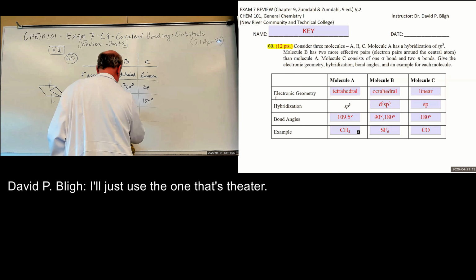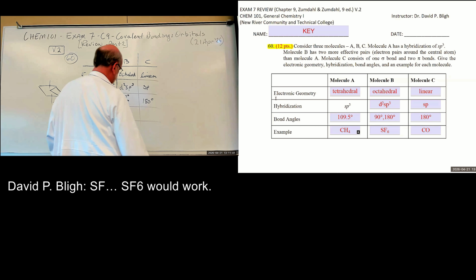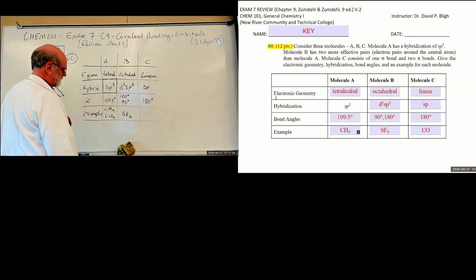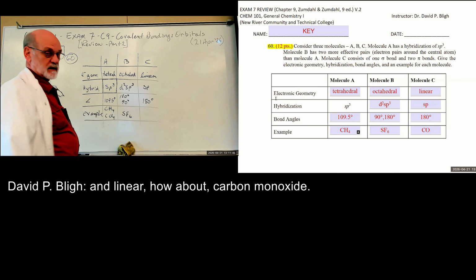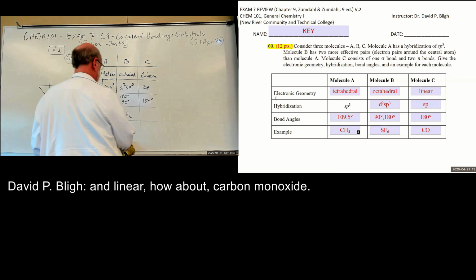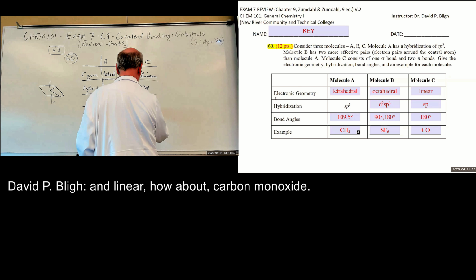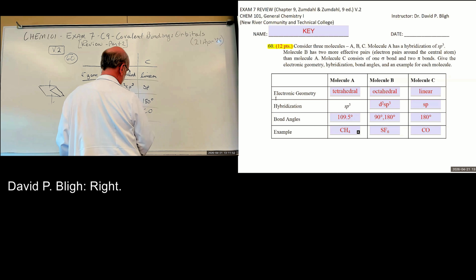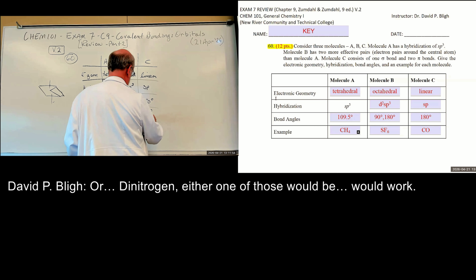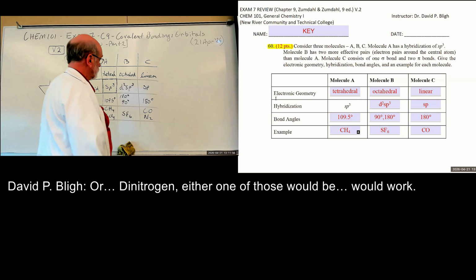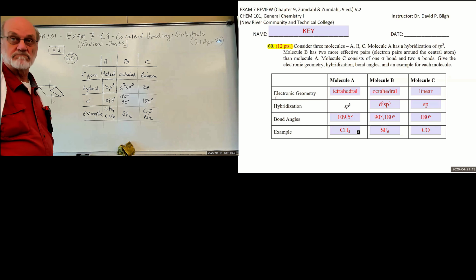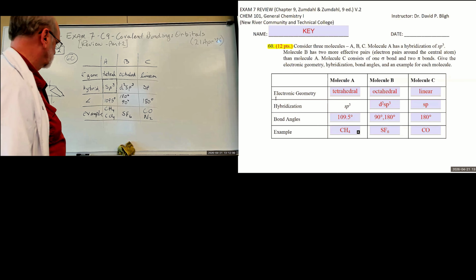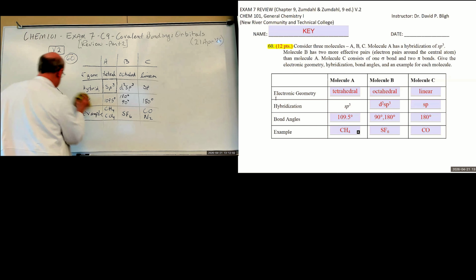I'll just use the one that's here. SF6 would work. And linear, how about carbon monoxide or dinitrogen? Either one of those would work. Okay.